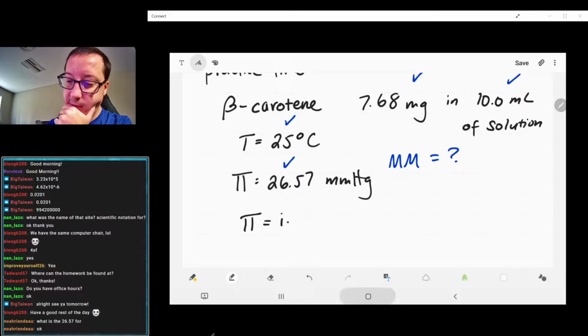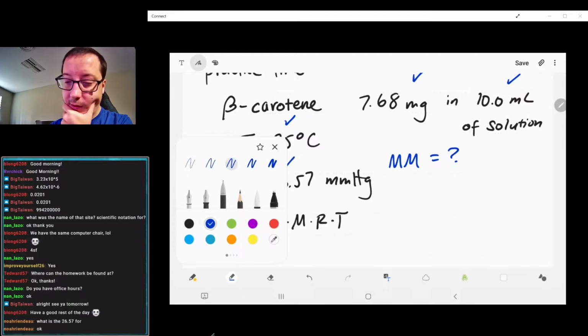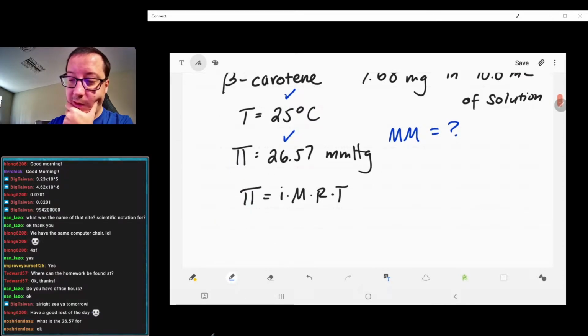Remember that osmotic pressure has the following formula, right? We're going to see that we have 4 components of this. We have 3 of them perhaps that we know already. We know the temperature. We have R, of course, that's our gas constant.